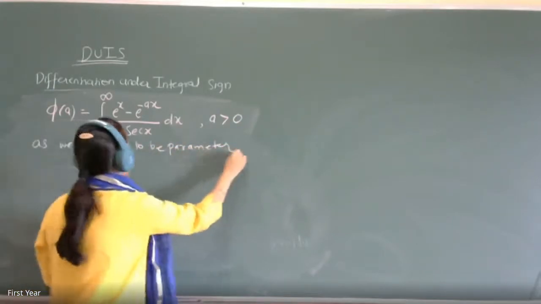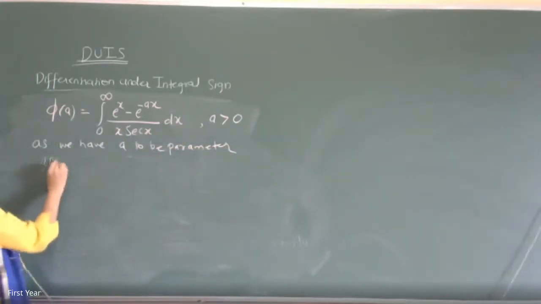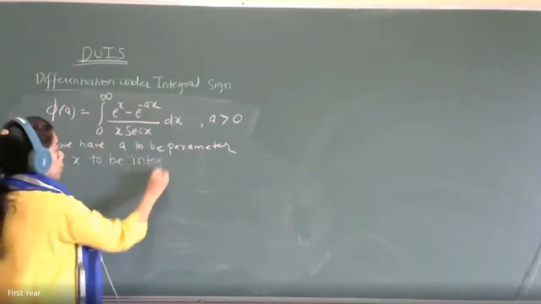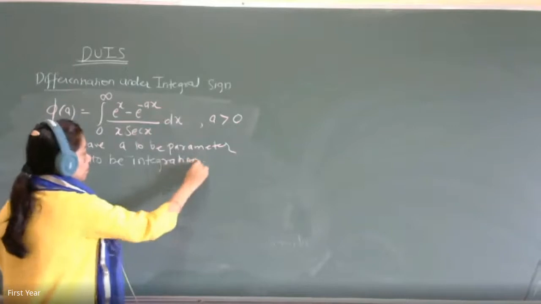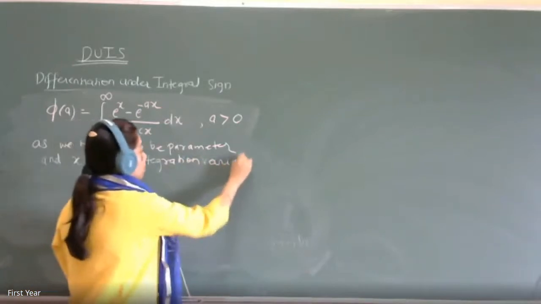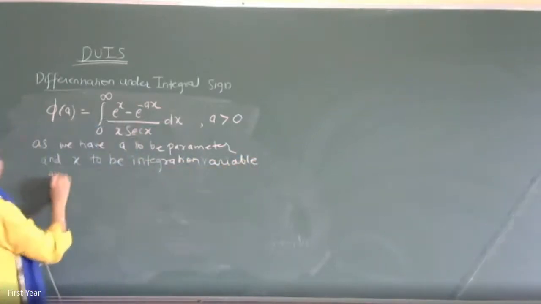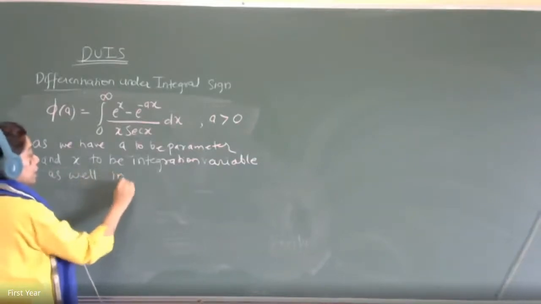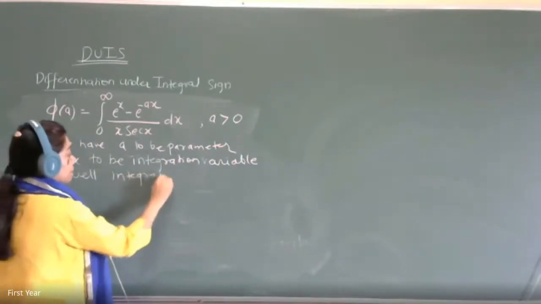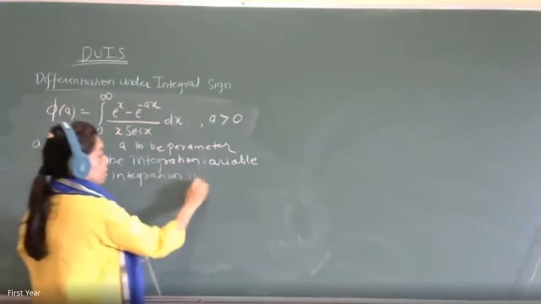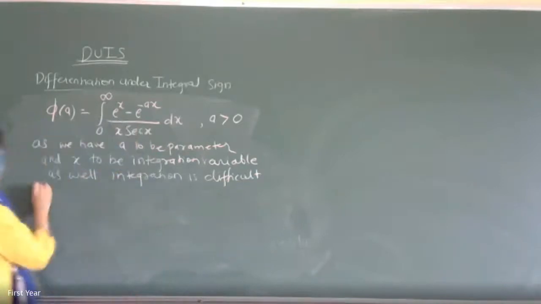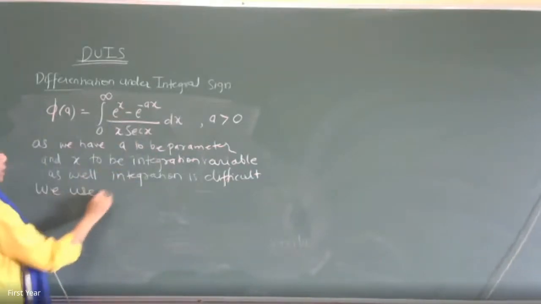Please write simultaneously: parameter, and x the integration variable. I'm writing this for your understanding as well. Integration is difficult, so we use DUIS.